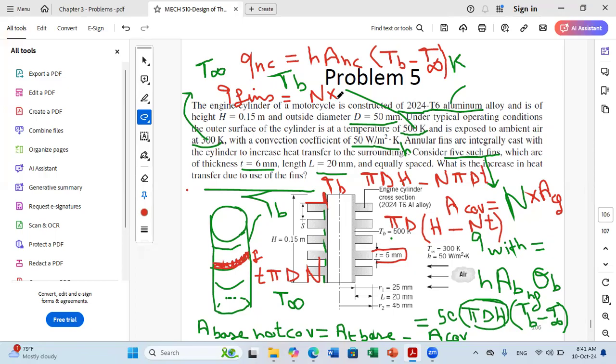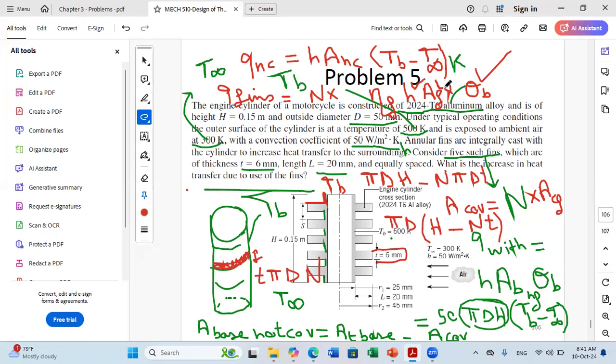As we did in the previous problem, we should find the efficiency of the fin, nF, and multiply it by H times the frontal area of the fin, AF, times delta T or theta base. Theta base, we have it. Okay, H, we have it.